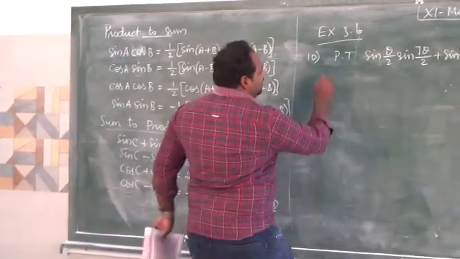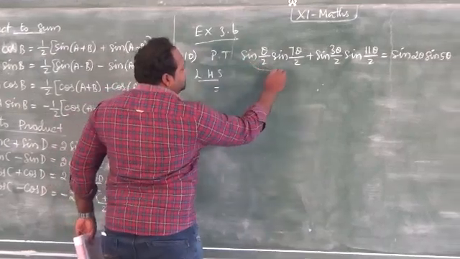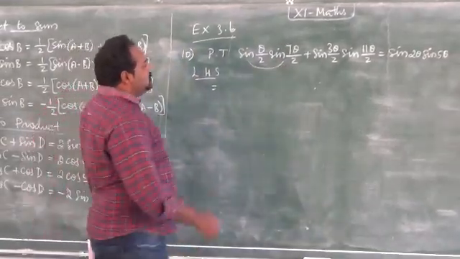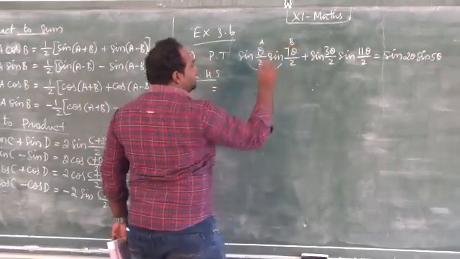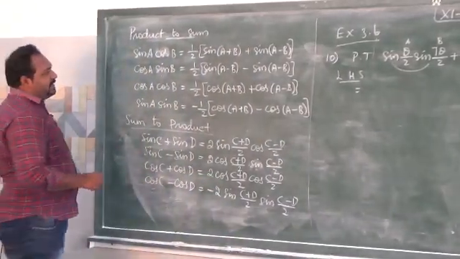I am going to take the LHS. Sin theta by 2, sin 7 theta by 2. If you see this, you can identify it is a form of sin A sin B. It's a product to sum identity.